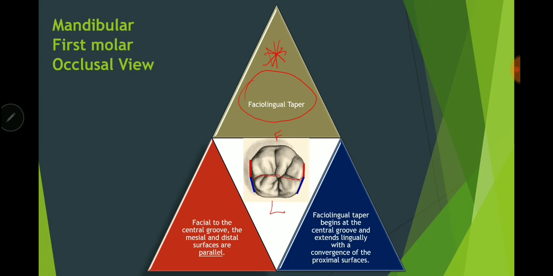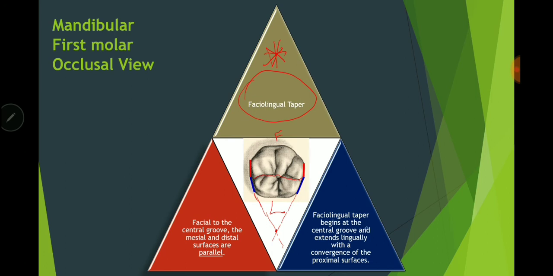You can see that the red lines, which are facial to the central groove, are almost parallel. Now, in the blue lines, if you extend them, you can see that the lines are going to converge somewhere. So this is called lingual convergence.